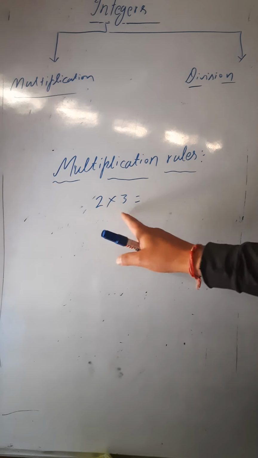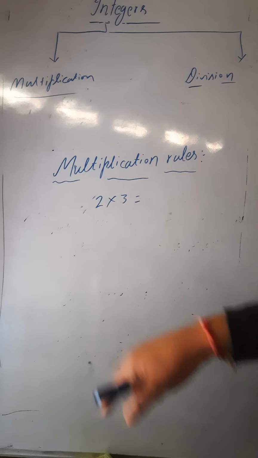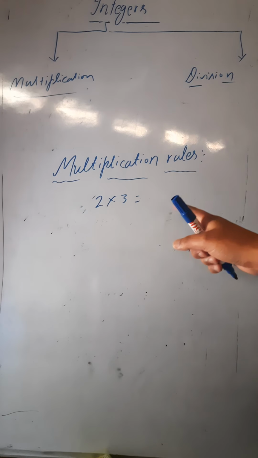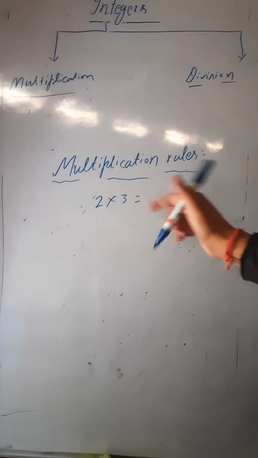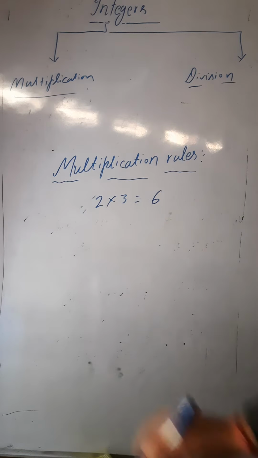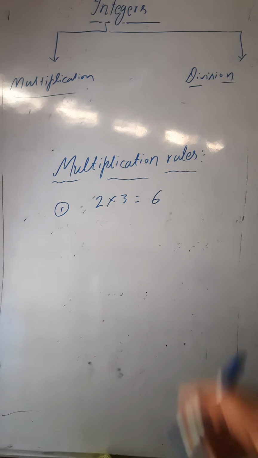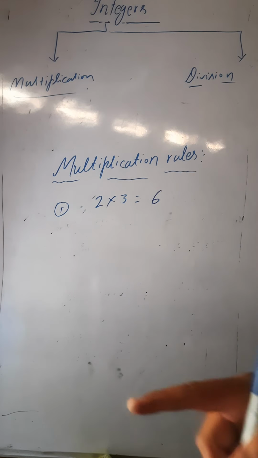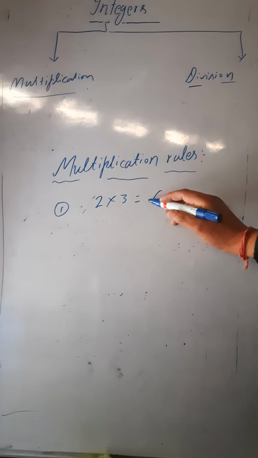So when both the integers are positive, after the multiplication the sign of the answer will again be positive. You write 2 times 3 is 6. So it is again of positive sign. So the first rule is when positive integers multiply with each other, the sign again will be positive.